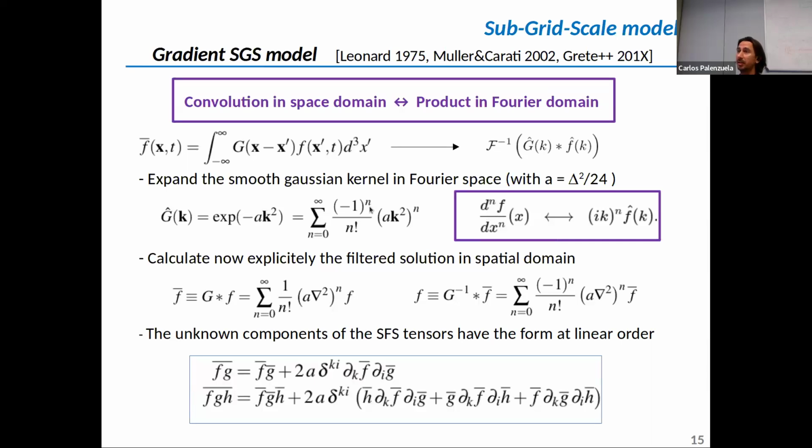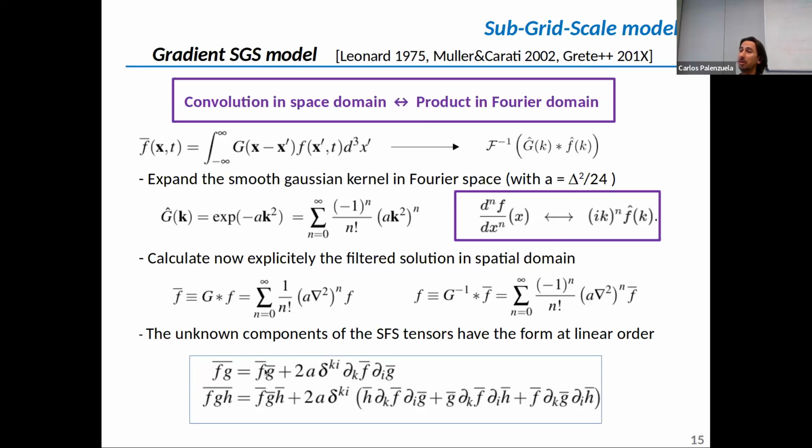So using these three components, that the convolution in space is a product in Fourier domain, that the Gaussian kernel is the same in Fourier or in the standard space, and that in this expansion the derivatives are just powers of k in Fourier, we can develop in series with different terms.